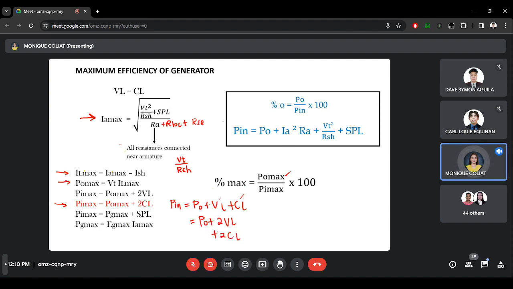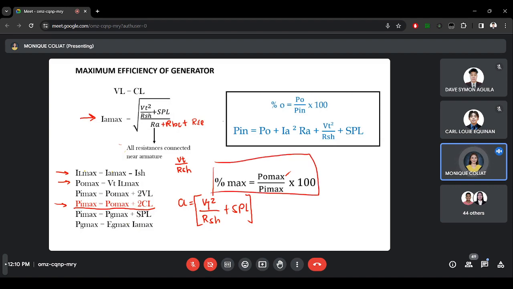So that is how you get the maximum input power. Then you can also use PG max plus SPL, where PG max is equals to EG max times IA max. Okay, so ayan po yung mga formula kay maximum efficiency.